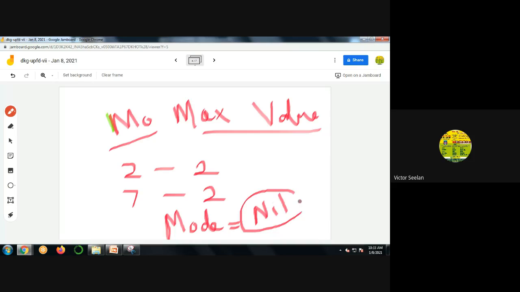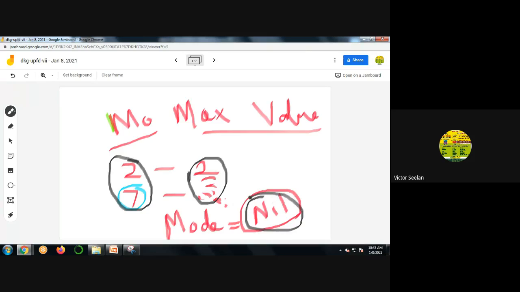Suppose, for example, if it is repeated 3 times, my mode is 7. But in this case, there are 2 values repeated at the same count, because 2 and 7 are repeated the same count. So there is no mode.